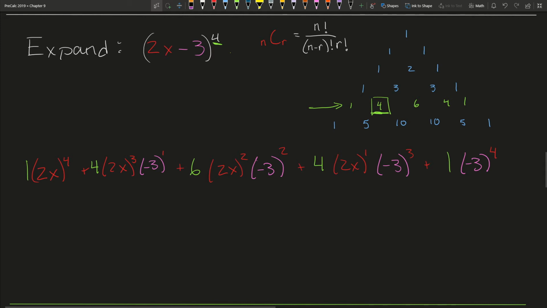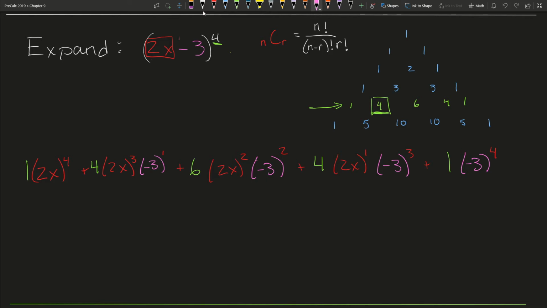Okay, so in this case, our first position, this is the 2x. That is normally the x in the general case that we looked up above. This 2x will start with a power of 4, and then that power will decrease as we move to the right.